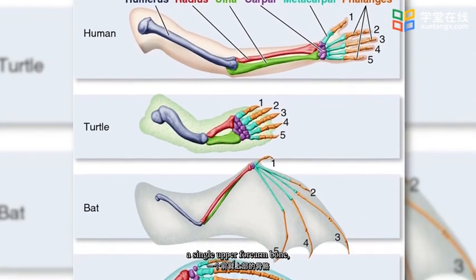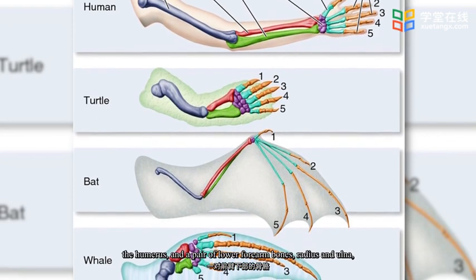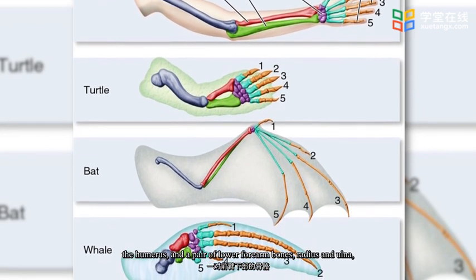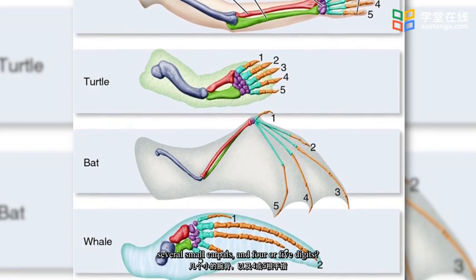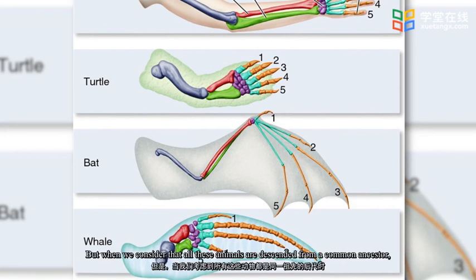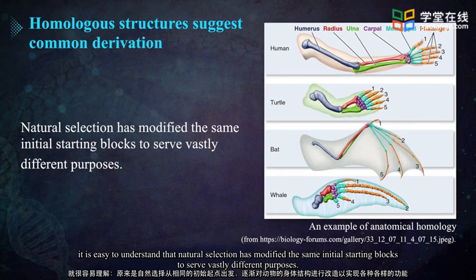A single upper forearm bone, the humerus, and a pair of lower forearm bones, radius and ulna. Several different carpals and 4 or 5 digits. If evolution had not occurred, this would indeed be a riddle. But when we consider that all these animals are descended from a common ancestor, it's easy to understand that natural selection has modified the same initial starting blocks to serve vastly different purposes.